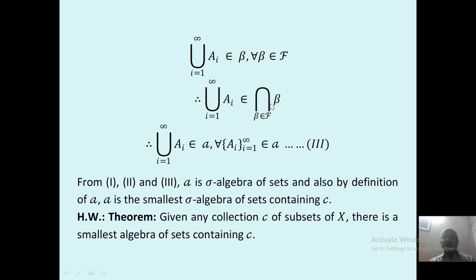Union of A_i belongs to intersection of B. The intersection of B is nothing but script A, so union of A_i belongs to script A. So all the three conditions are satisfied, 1, 2 and 3.